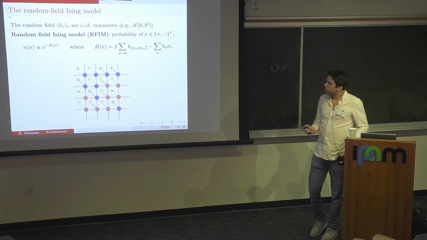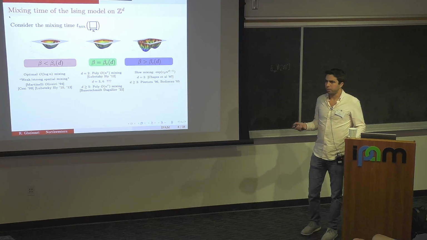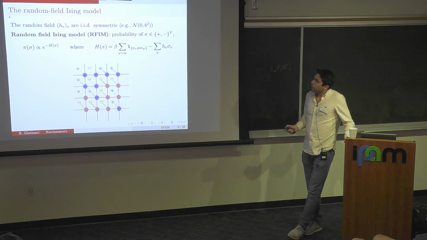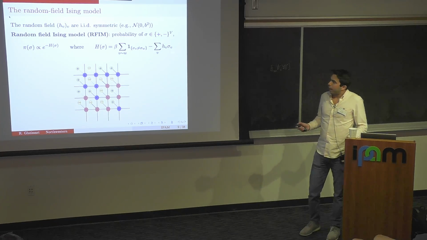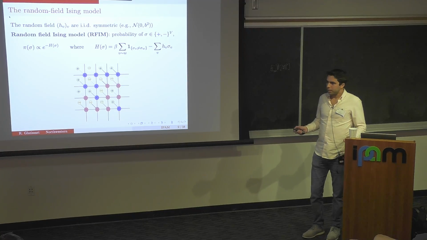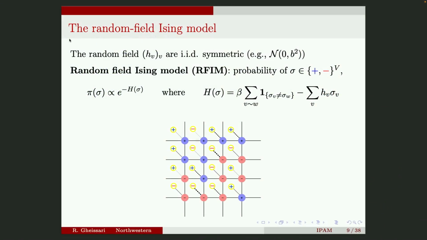All right. So now let me talk about the model that the actual talk is about, the random field Ising model. So in the random field Ising model, I add a random external field to every site on the lattice. And these fields are IID, symmetric. You can think for yourself Gaussian if you want for the rest of the talk.